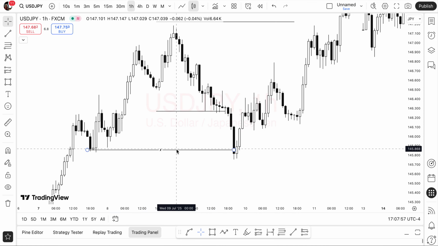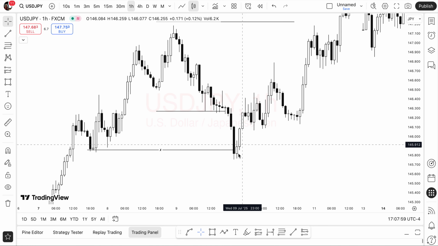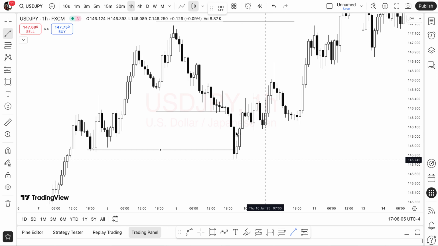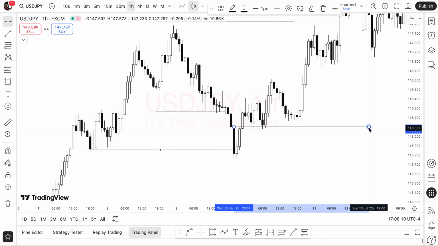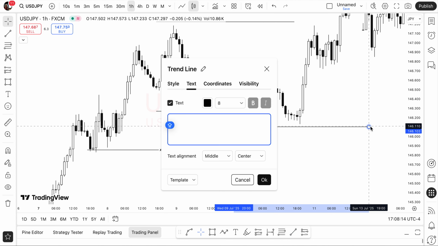You can call this liquidity, and then we had a reversal to the opposite direction to close above this candle. This should be our entry mode 1.